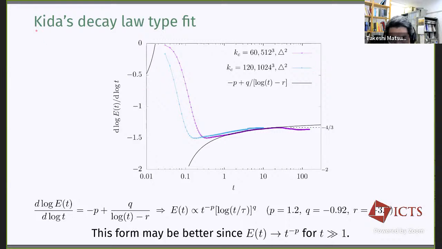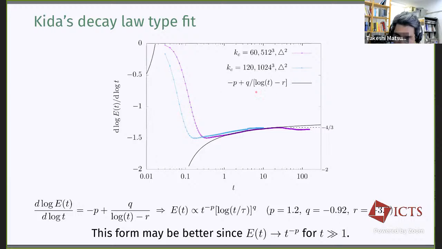In the Burgers case, the log correction was derived in a rigorous way. That is called Kida's decay law. In this plot, I showed you again the logarithmic local slope for the localized hyperviscous decaying case. This black line corresponds to the Kida's decay law type functional form.